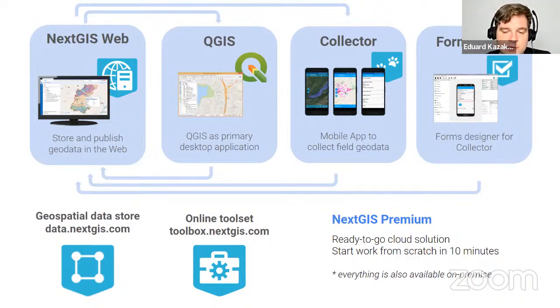But if you need to, you always can deploy everything we will discuss today on your own infrastructure, on your own servers. So everything is also available in on-premise edition. But demonstration today would be around cloud subscription.